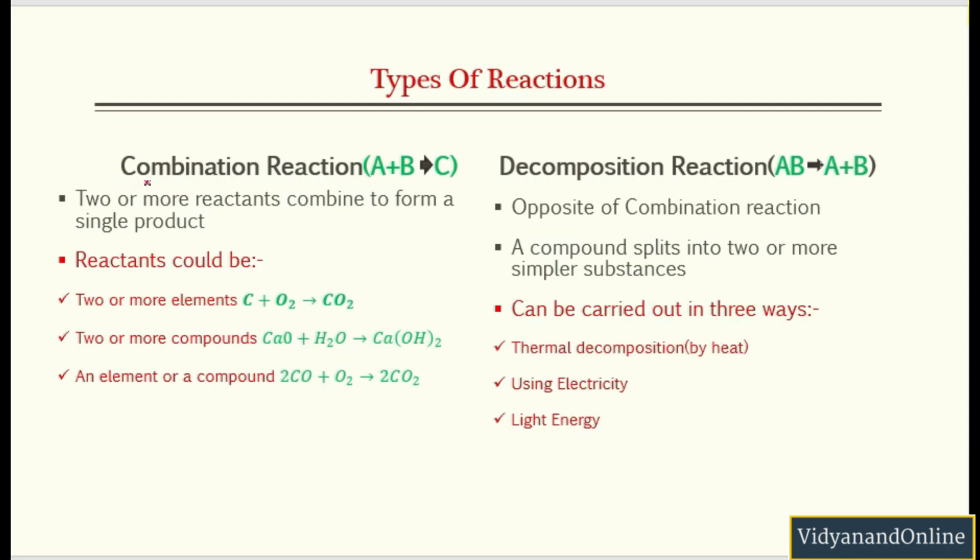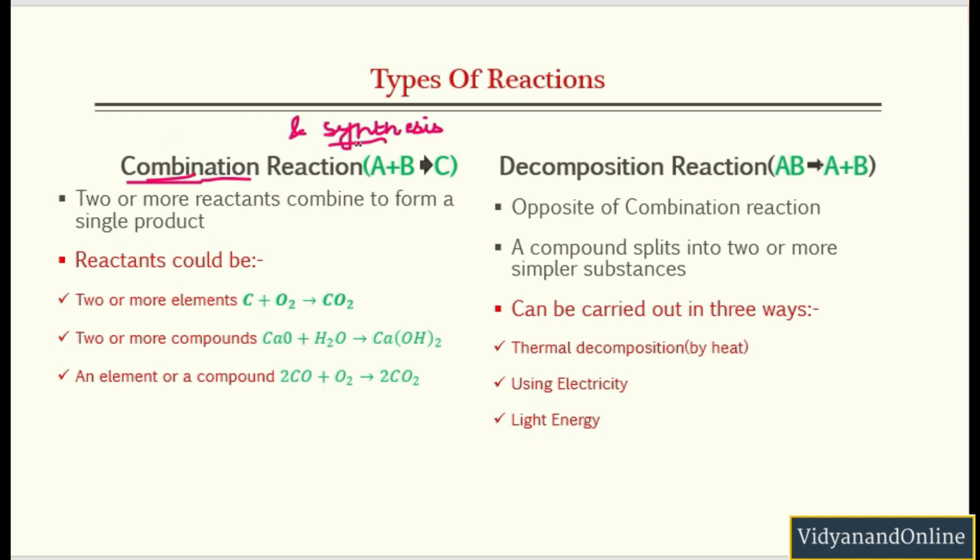Now here we can see the combination reaction. Again, try to find the literal meaning of this word, combination. Now, combination reaction and synthesis reaction. You may get a question based on these two keywords, and these two keywords give you the same meaning altogether. Combination stands for the join or union of some entities.